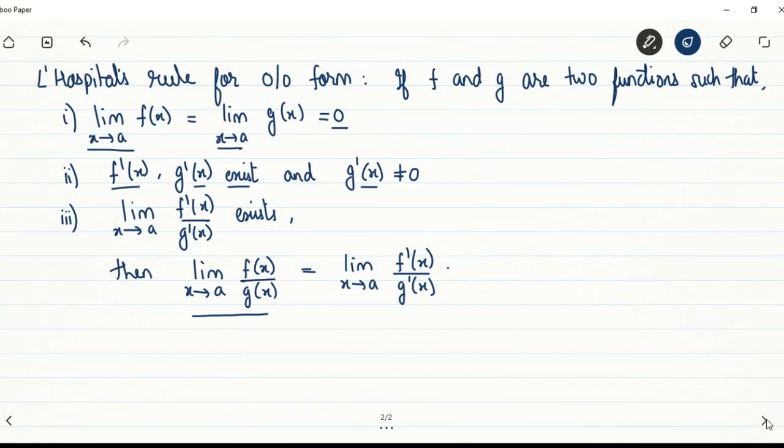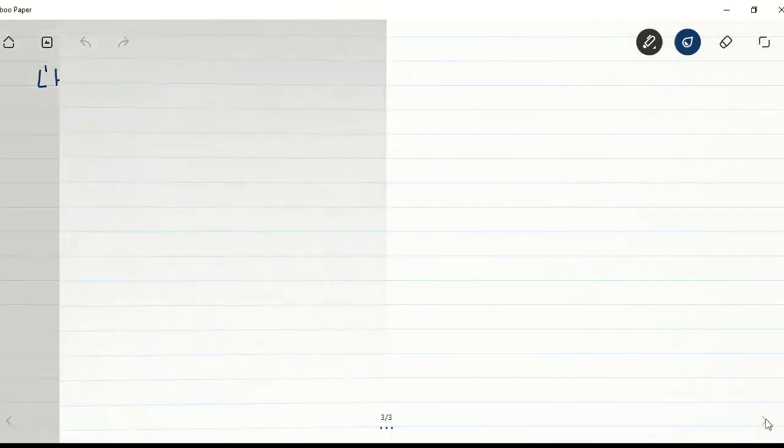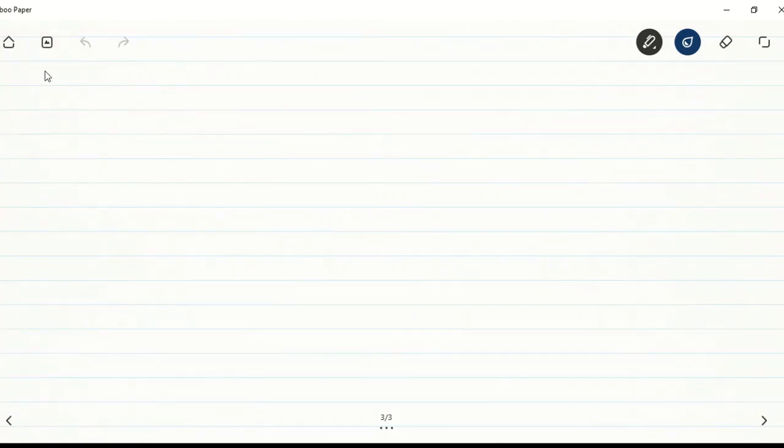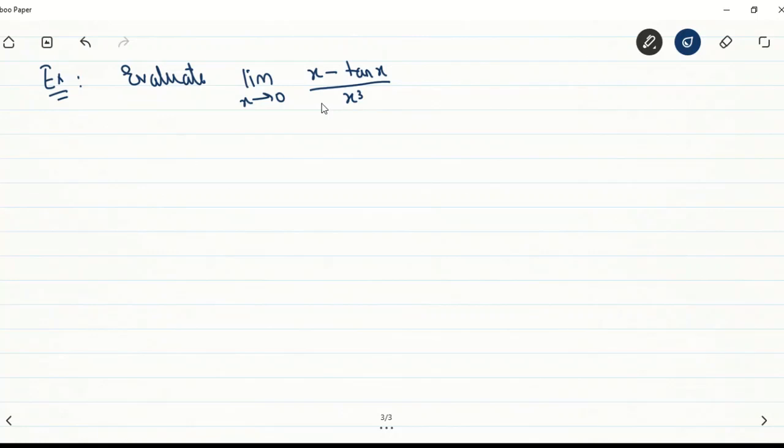We will consider an example where we will use the L'Hospital's rule. So consider this example. Evaluate the limit as x tends to 0 of x minus tan x divided by x cube.